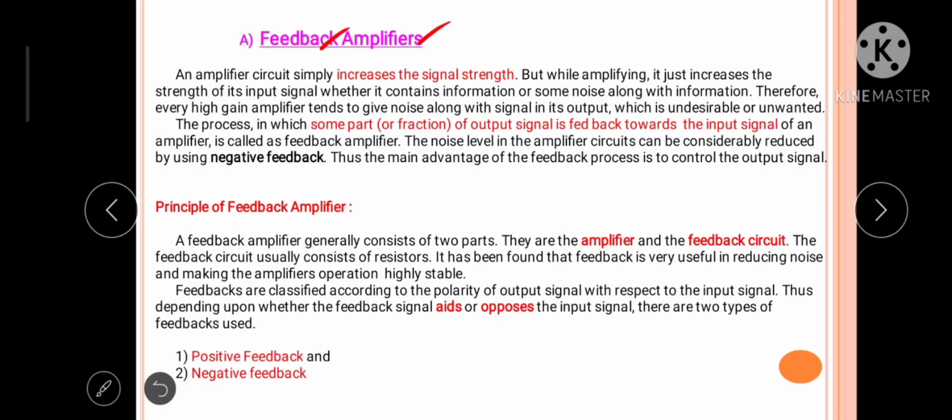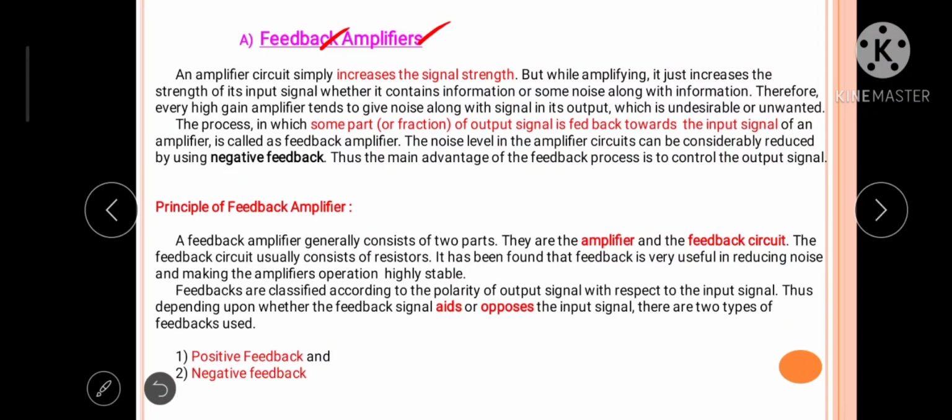Here, the process in which some part or fraction of output is fed back towards the input signal of an amplifier is called feedback amplifiers. The noise level in the amplifier circuits can be considerably reduced by using negative feedback. That means the main advantage of feedback process is to control the output signal.